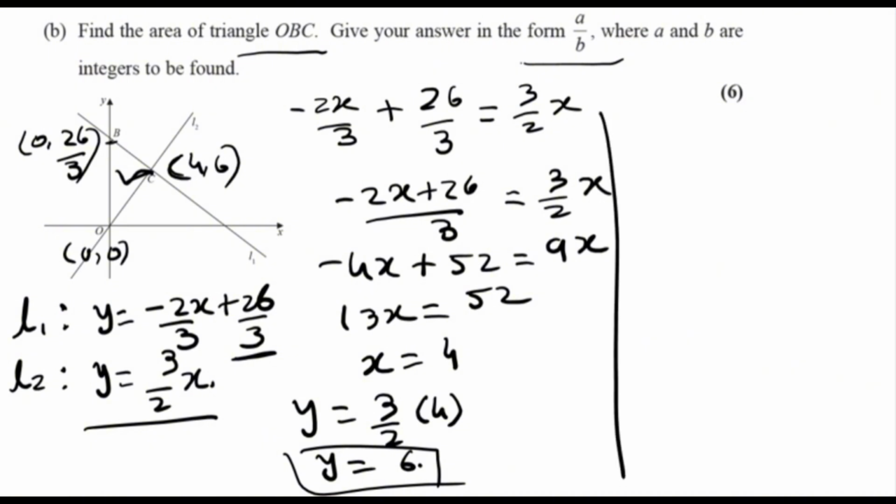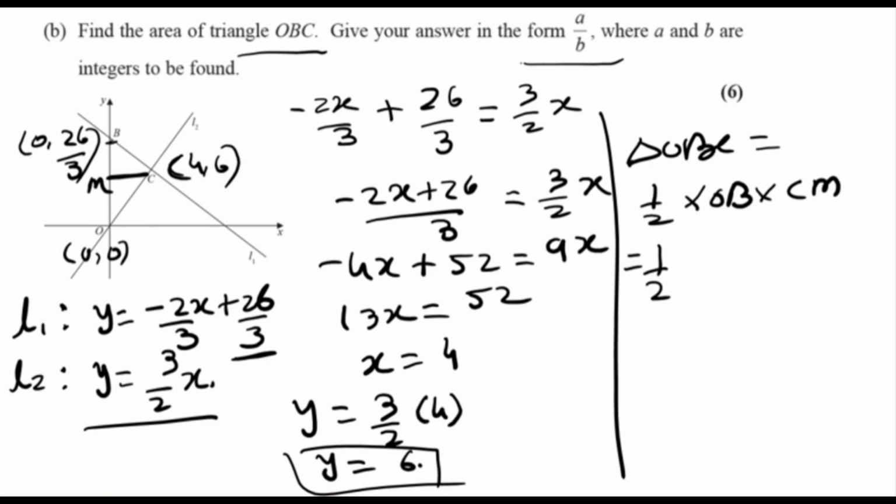Now, how to find the height and the base? So I know my base is OB. So I can write area of triangle OBC is equal to half times my base OB and my height is this. I can take this point, any point, I think M. So that gives me the CM point.